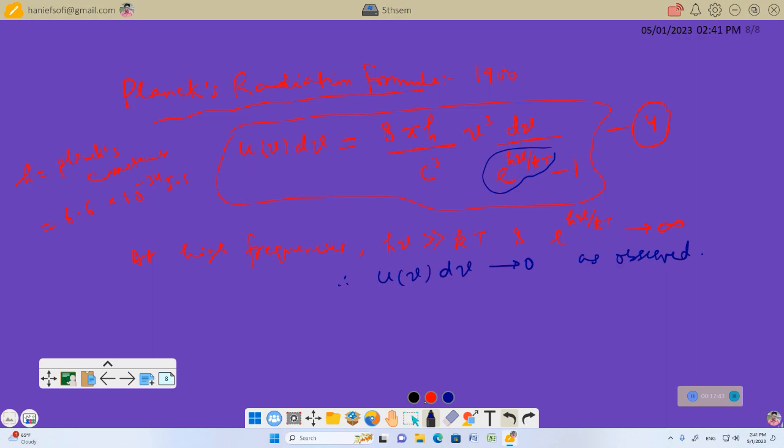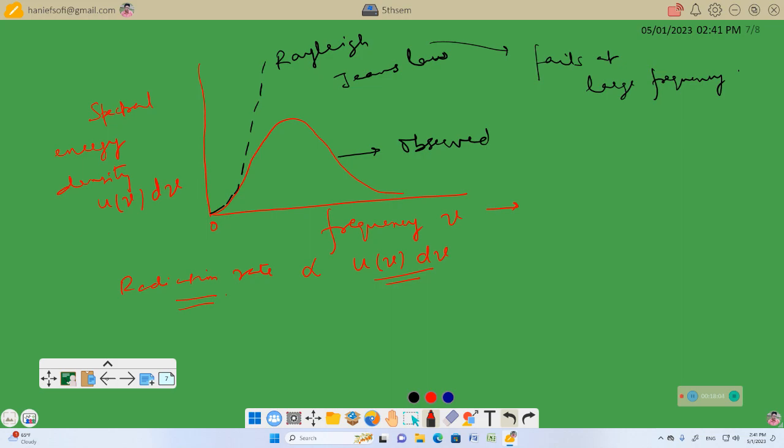So this is the first good thing about Planck's radiation law. According to Planck's radiation law, at high frequencies, u nu d nu, that is spectral energy density, and hence radiation rate, which is proportional to it, approaches zero as observed, as you can see in this experimental curve.